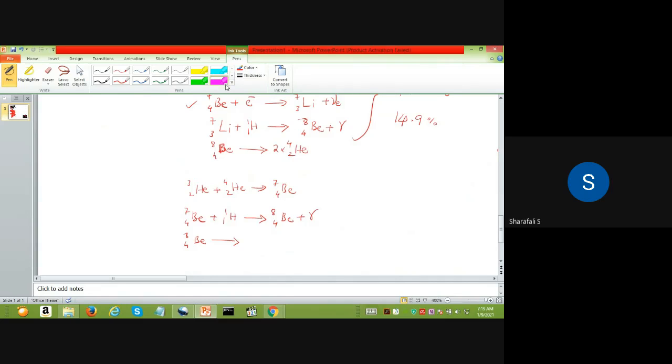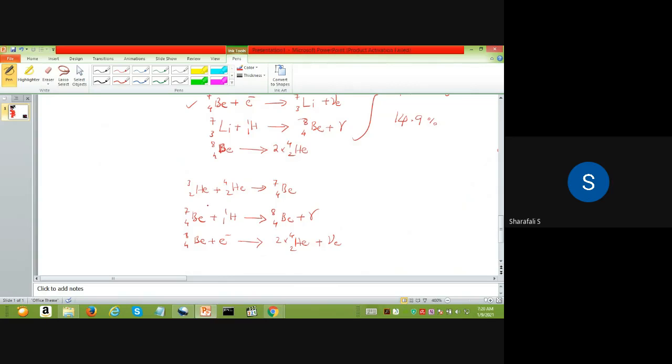And this beryllium 4, 8 will undergo, it has to interact with an electron, and then it will go to 2 times helium 4, 2, plus in this case we have one electron.